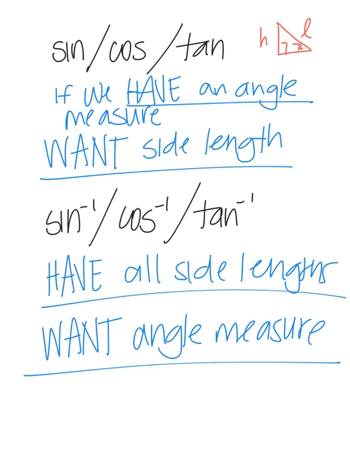On the other one, when we're looking at our angle of elevation, and I want to know theta, and I have my side lengths, so we'll call it H and L, why not? I have these side lengths here, and I want my angle measure. That's when I'm going to use sine inverse, cosine inverse, or tangent inverse. So those are the important things to keep in mind. If we have an angle, we use sine, cosine, tangent. If we want the angle, we use inverse sine, inverse cosine, or inverse tangent.